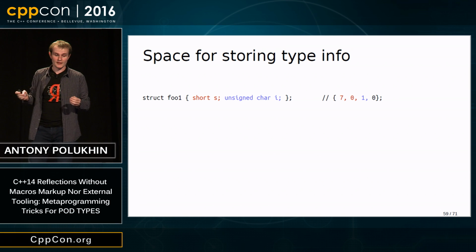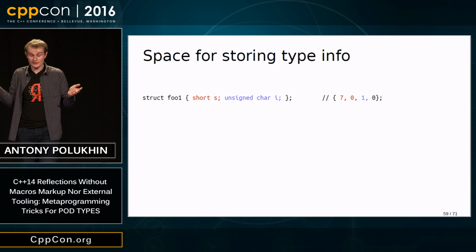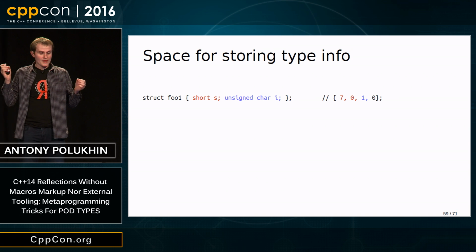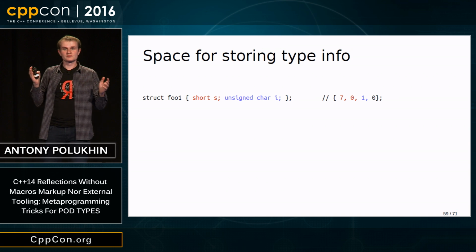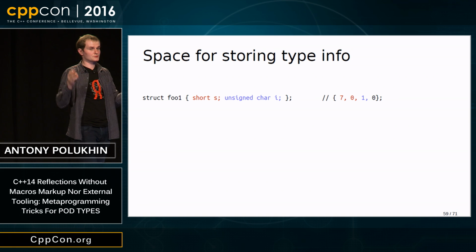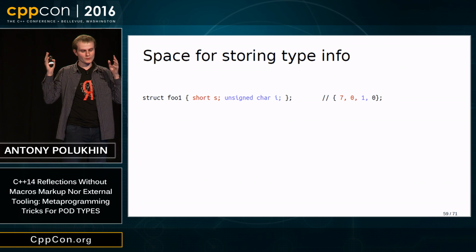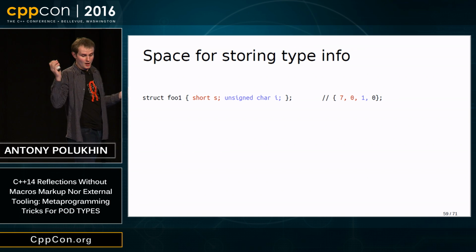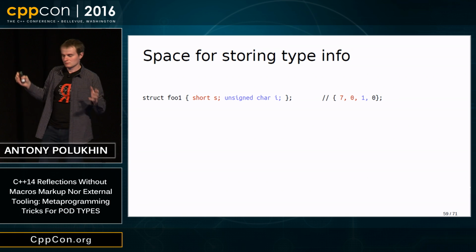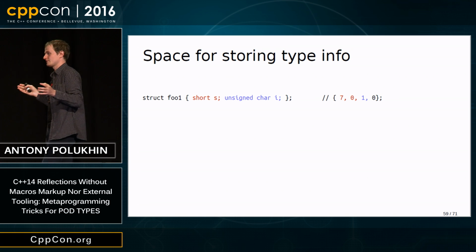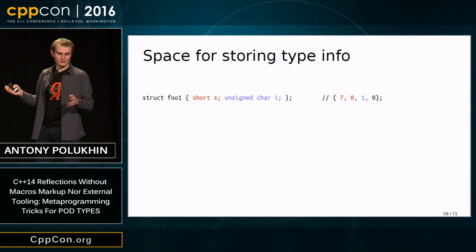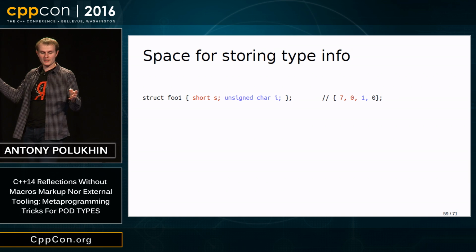It has an identifier 7, identifier of the type short. And that's the first field. No fields before that field. Size of previous fields equals 0. We need to write 7 at index 0. Second field is unsigned char. It has an identifier 1, but size of previous fields equals 2. We write 1 by index 2.